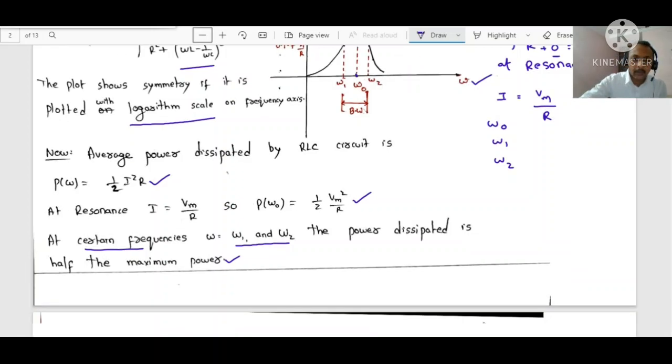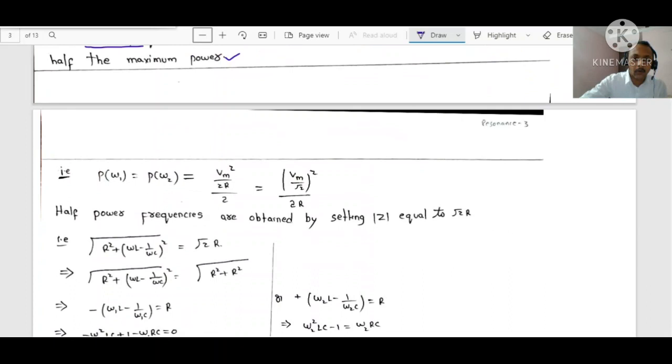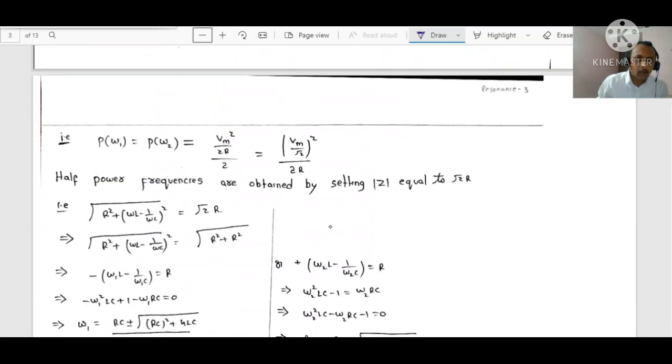Right? Now at that time, what will be the current? We will see now. Power at omega 1 or power at omega 2 is equal to Vm square by 2R. Vm square by 2R is the power at resonance, and half of that value you have to consider. Now the same thing can be written as Vm by root 2 whole divided by 2R. Very, very important.